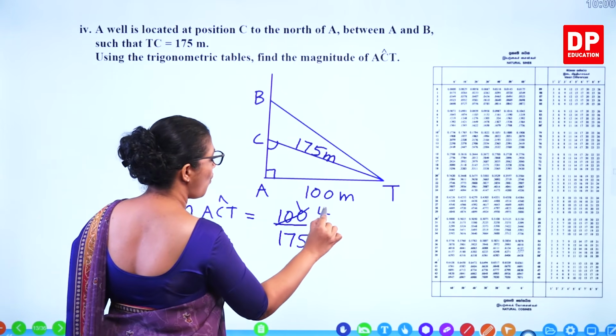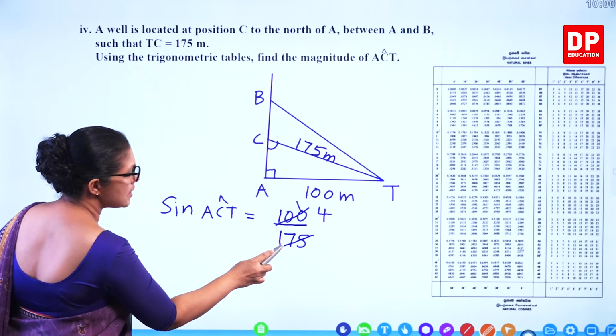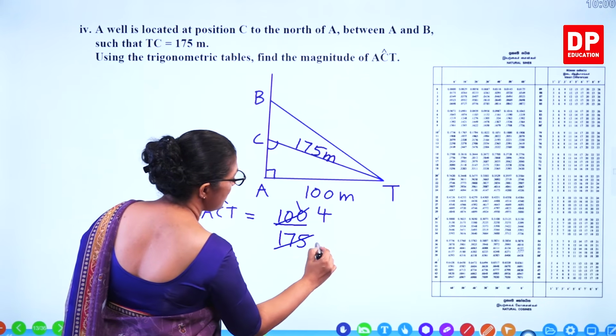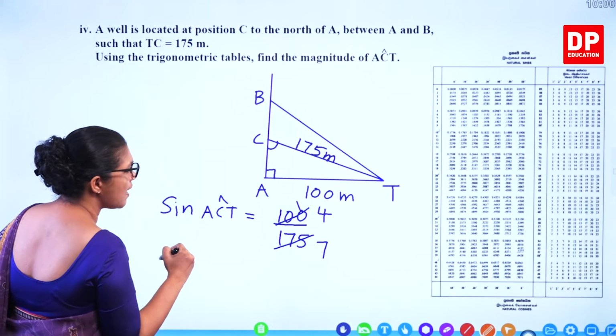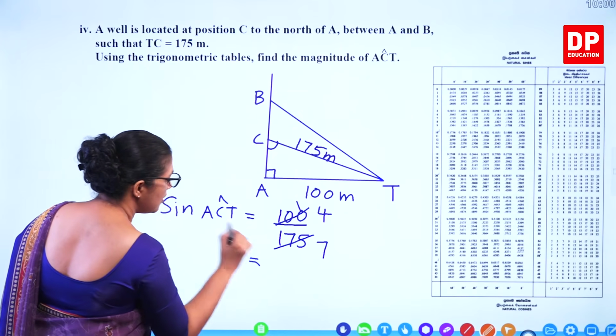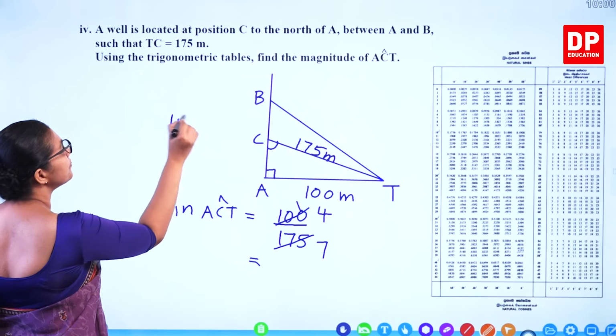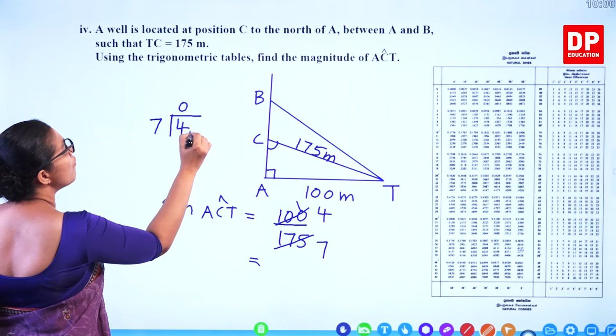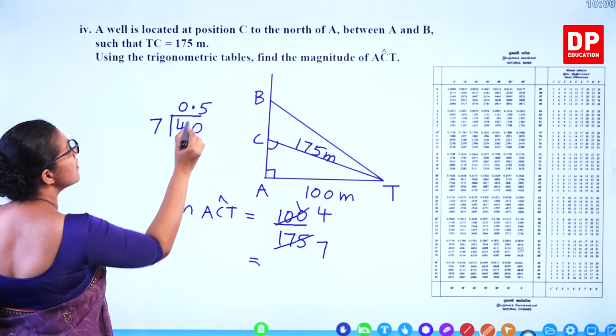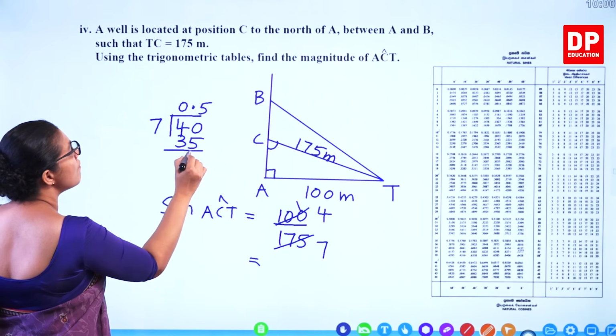25 times 4, 25 times 7. So 4 over 7, as a decimal, you need to convert to decimal. So 4 divided by 7. For 40, that's 5, 35. 5 remaining.